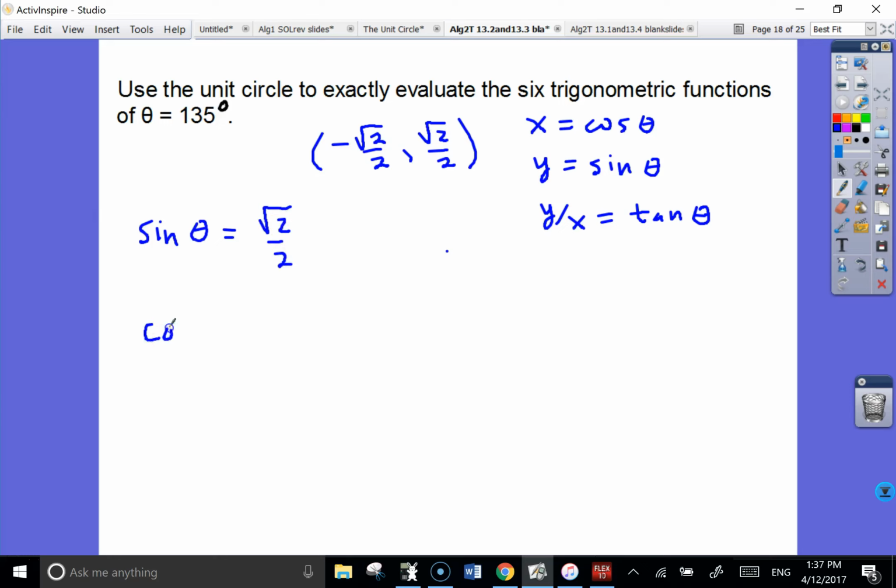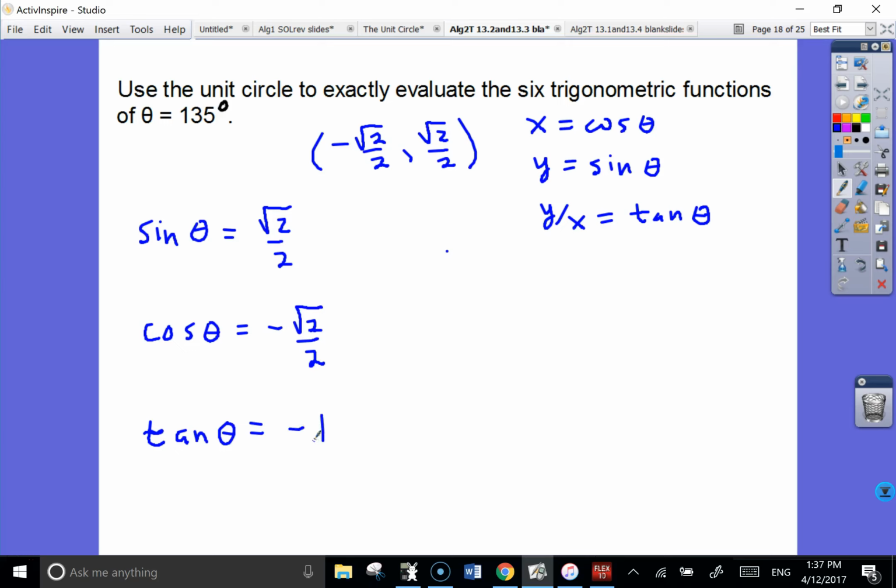The cosine of theta equals negative square root of 2 over 2. The tangent of theta equals, what do you get if you divide positive square root of 2 over 2 by negative square root of 2 over 2? Negative 1. Right?